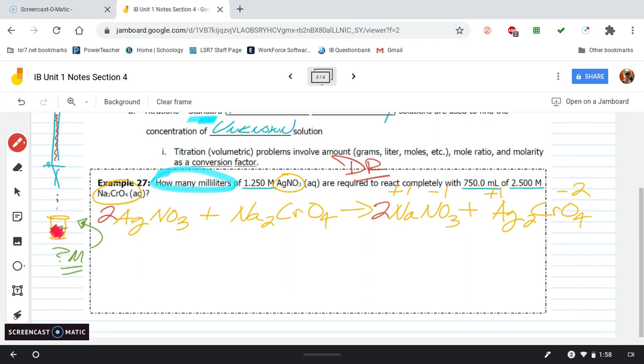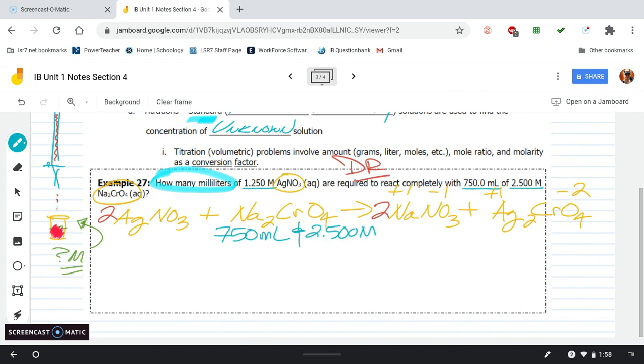Okay, so let's write down our chemicals. I'm going to write them down underneath because I don't have space up top. Normally I do it up top, but we've got 2 values for the sodium. So for the Na2CrO4, the sodium chromate is going to get the 750 milliliters, and it's also going to have a molarity of 2.500 molarity.